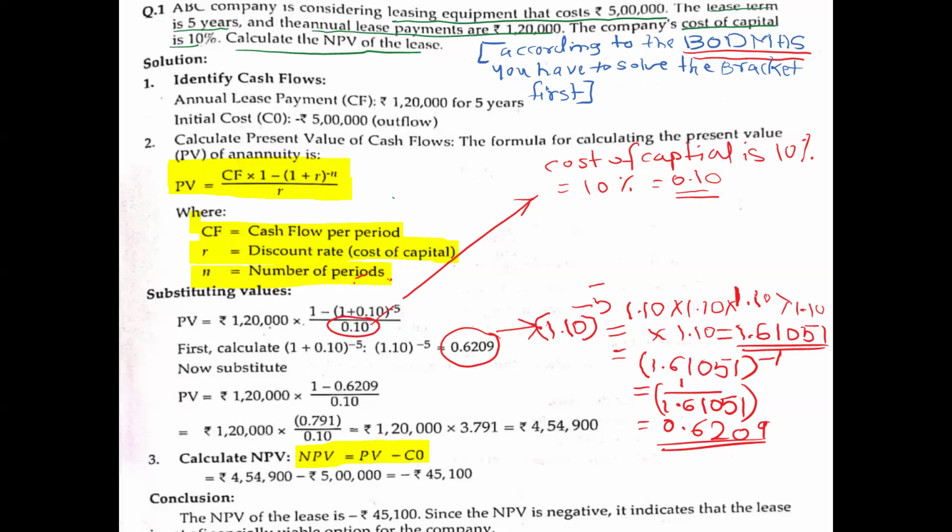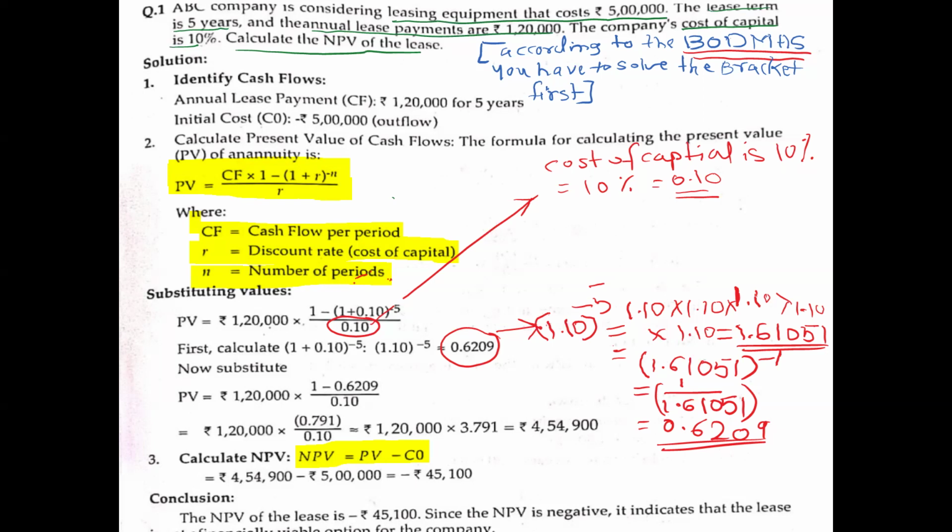We have to solve the bracket first according to BODMAS. So the 1,20,000 will come as it is, into 1 minus 0.6209, and the answer will be 0.3791, which we have taken in bracket, divided by 0.10 cost of capital.